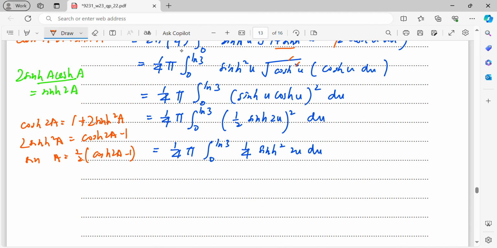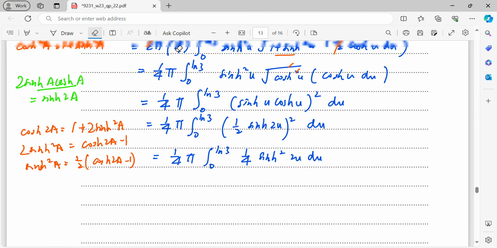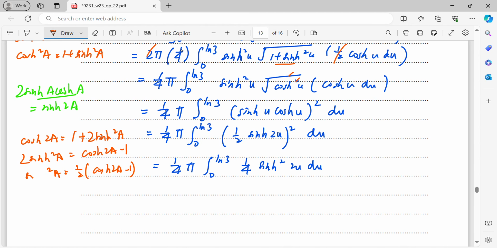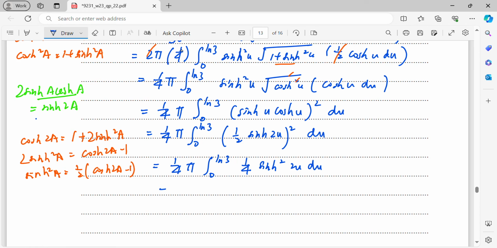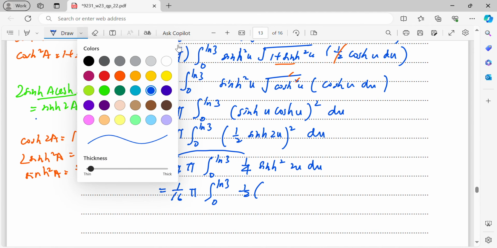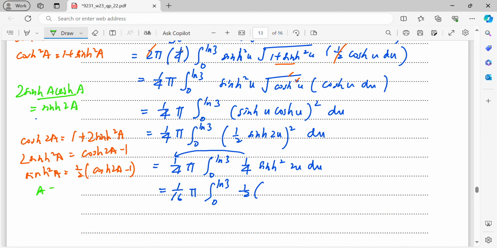Okay, so now here I will just replace, with the 1 over 4 taken out. So 1 over 16 pi integrate 0 to ln 3, then 1 over 2. Now when you compare, your a is 2u, that means 2a will be 4u.